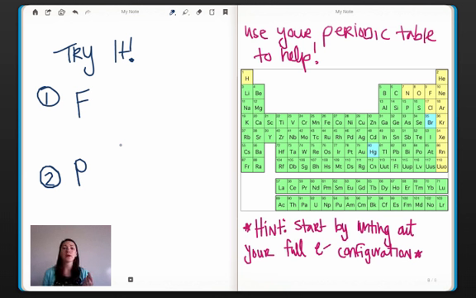Start by writing your full electron configuration all the way out, your 1s2, your 2s2, okay? And then make your orbital diagram, which is basically just a picture representation of your full electron configuration. All right, so try these 2. I want to see them in your notebook when I see you in class today. All right, have a good one. Bye.